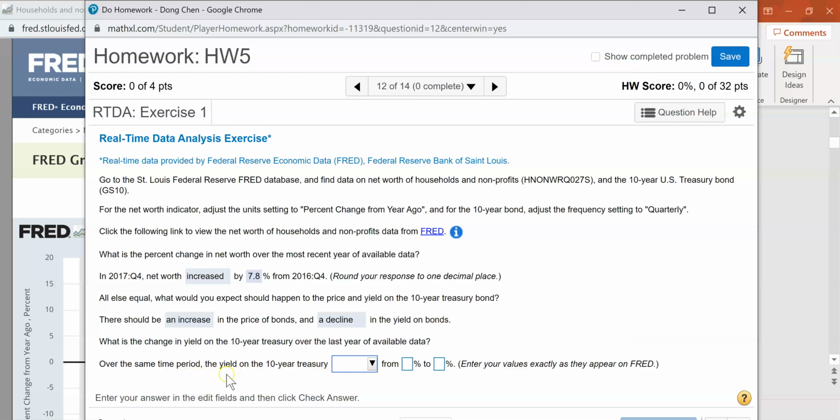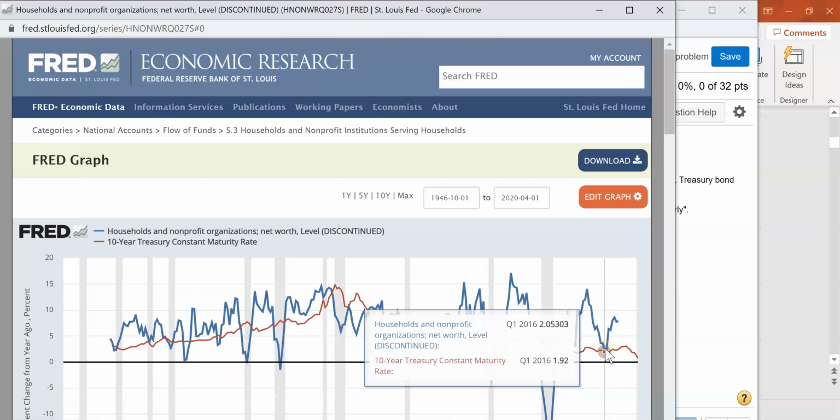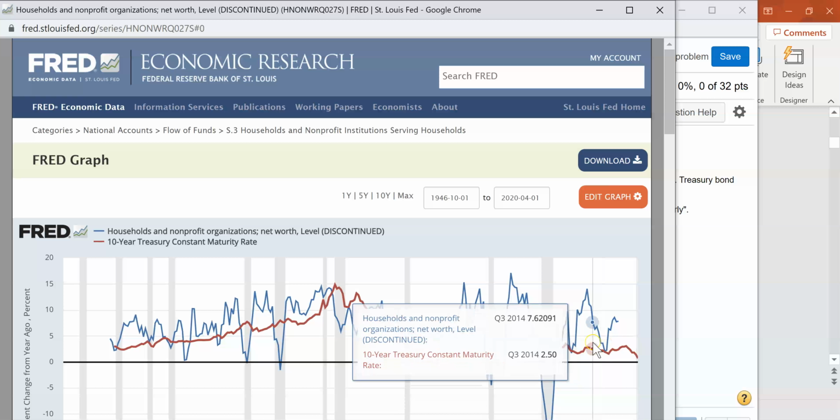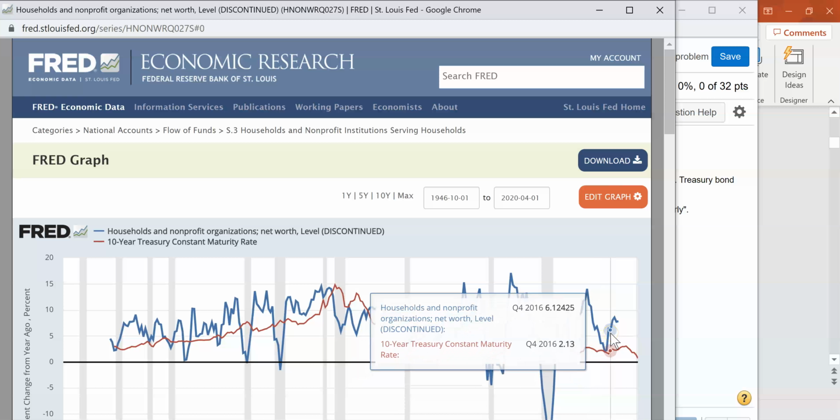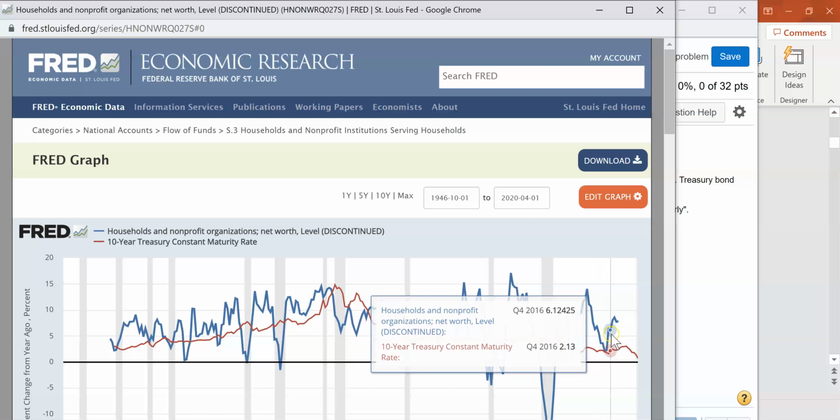Over the same time period, the yield on the 10-year Treasury. To answer this question, we can just look at Q4 2016, which is 2.13, right? That number, the 10-year Treasury bond constant yield at Q4 2016, is 2.13, and it went up.